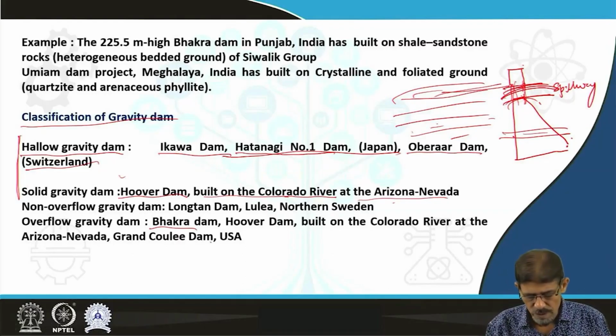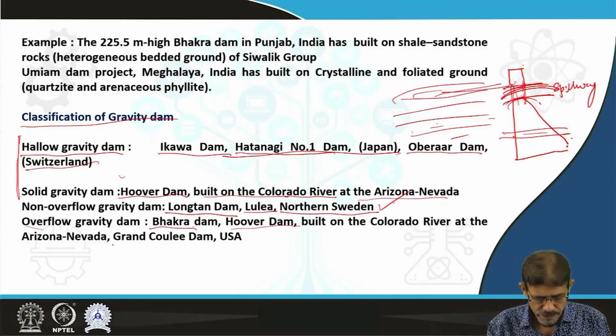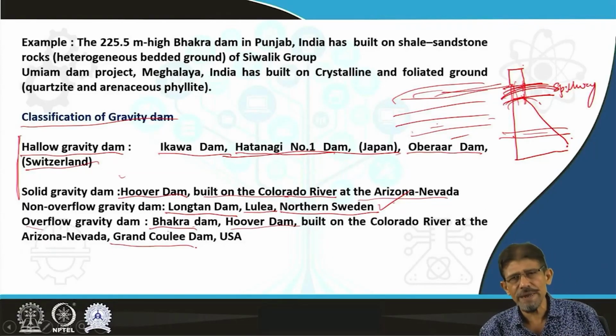So the non-overflow dam, the Långström Dam, Luleå, northern Sweden is a classic example, and overflow gravity dams include Bhakra Dam, Hoover Dam, and Grand Coulee Dam, many dams belong to this.